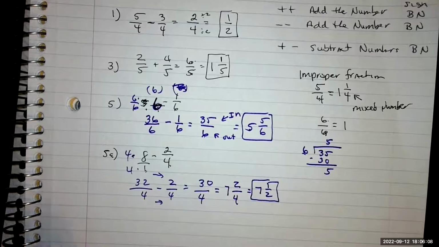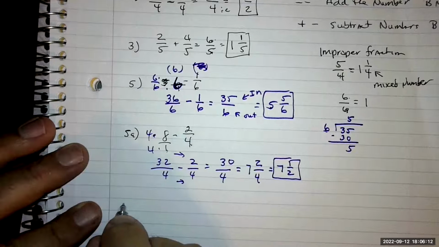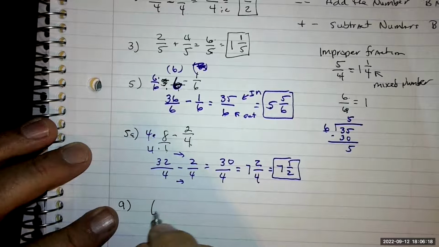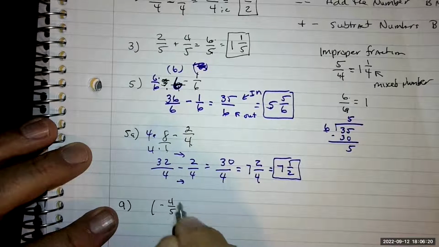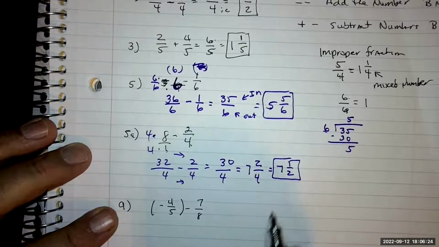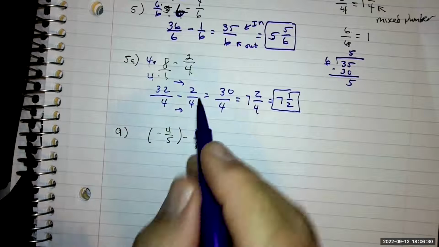All right, let's try what happens if we don't have a common denominator, or their denominators are not the same. And let's throw in some integers here. All right, so here we go.